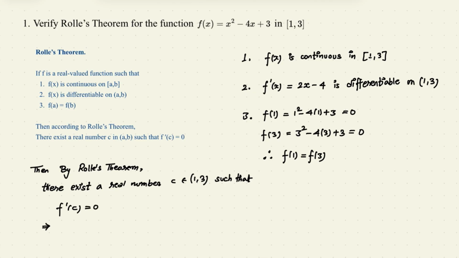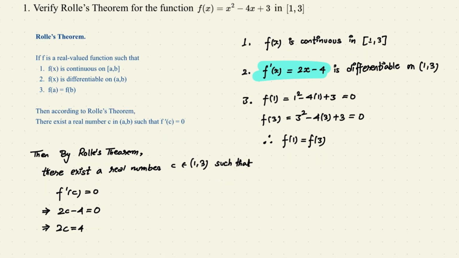Since we have the value of f'(x), f'(c) = 2c - 4 = 0. This implies 2c = 4, and hence c = 2. And if you see, my interval was 1 and 3, and since the value of c, that is 2, lies between 1 and 3, hence Rolle's theorem is verified.